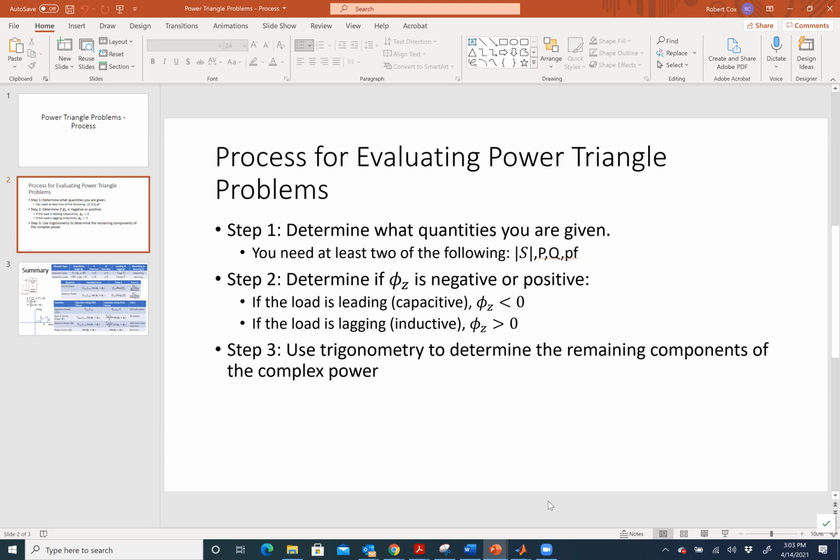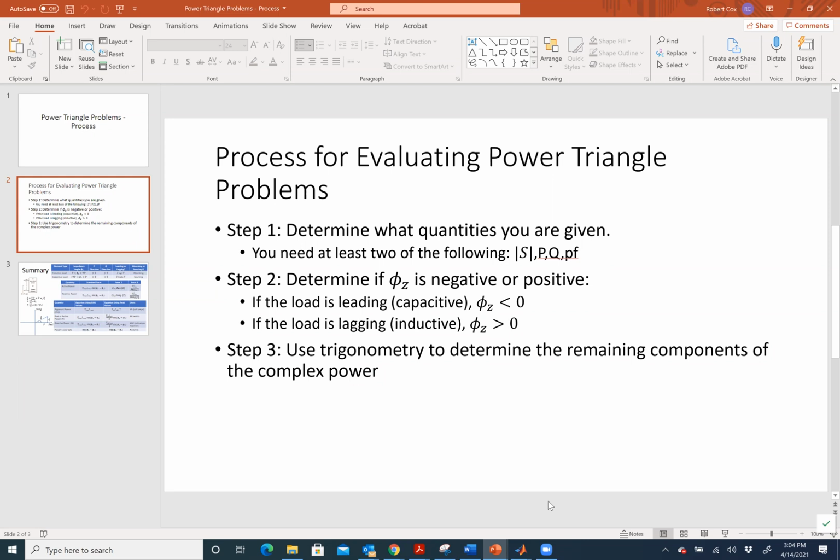Anybody remember? The apparent power is the magnitude of S. P is the real power. Q is the reactive power, and then there's power factor. You have to be given 2 of those things. Any 2 is enough to figure out everything else.